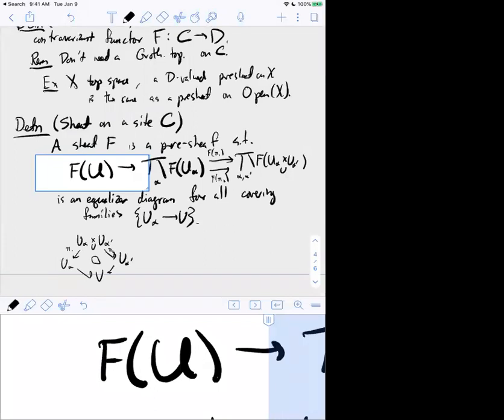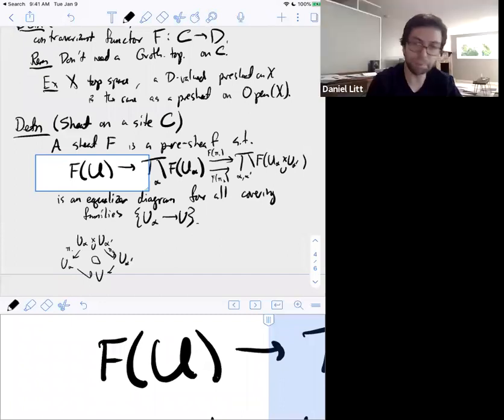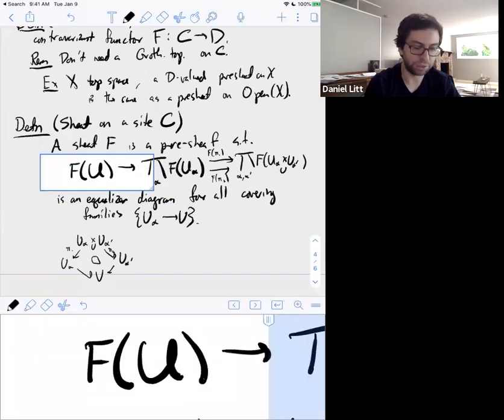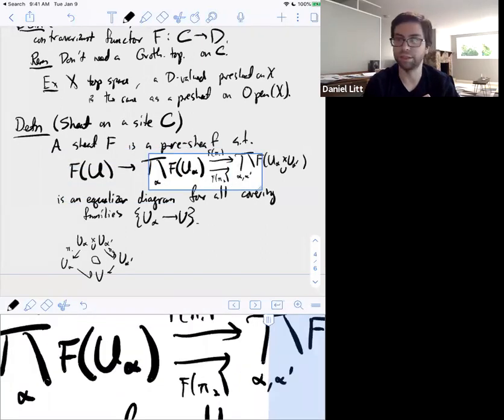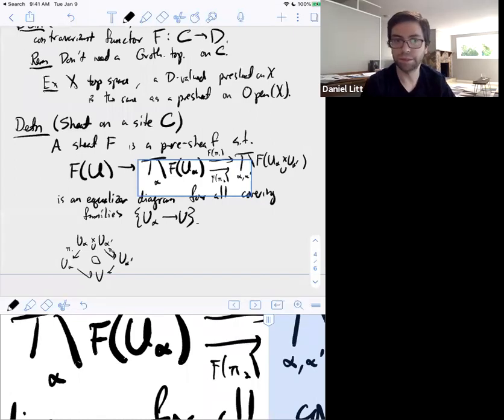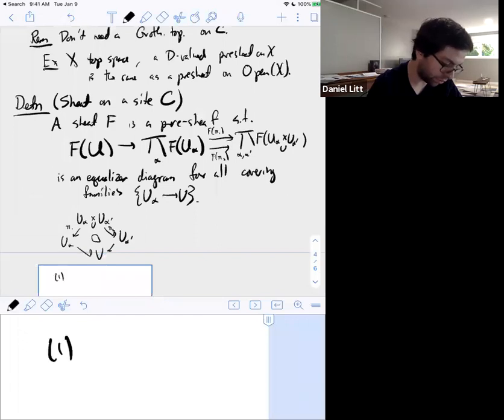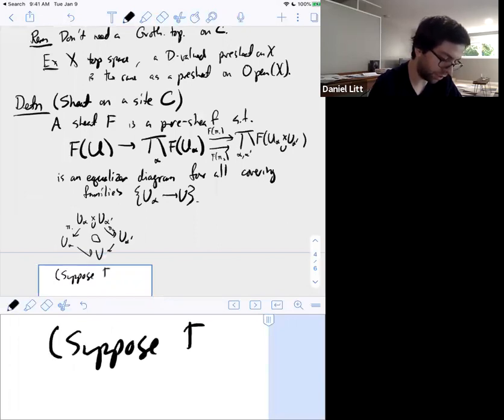The other part is that this first map is injective. That's saying that a section of F is determined exactly by its values on a cover. Let me actually write that down. Suppose F is valued in sets.